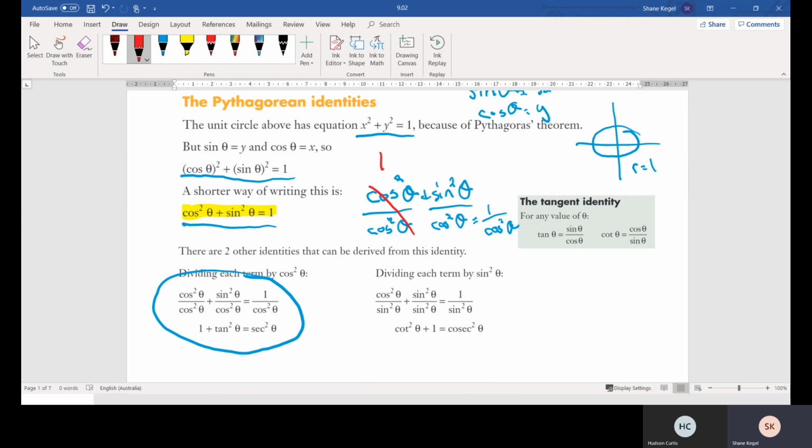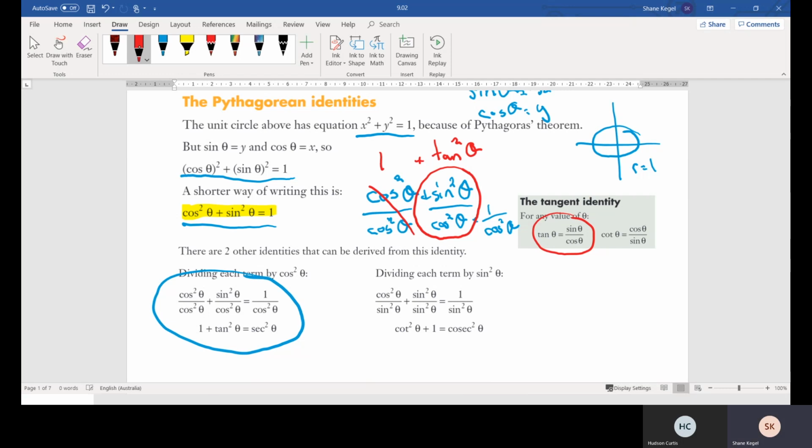And sine squared over cos squared, or sine over cos, if we remember back to the tan identity we just learned. So tan is sine over cos, so tan squared must be sine squared over cos squared. So I can replace this with tan squared theta.